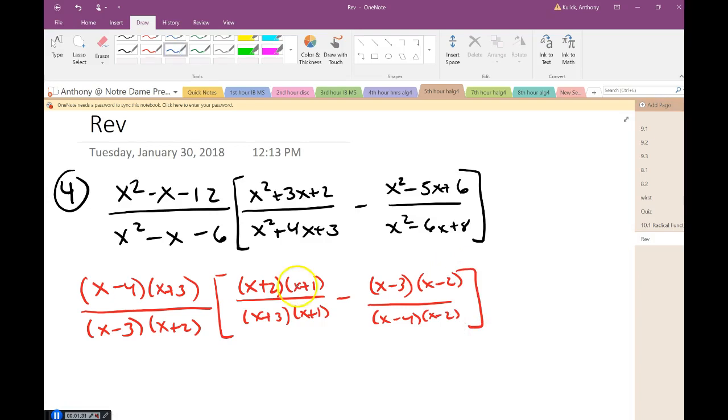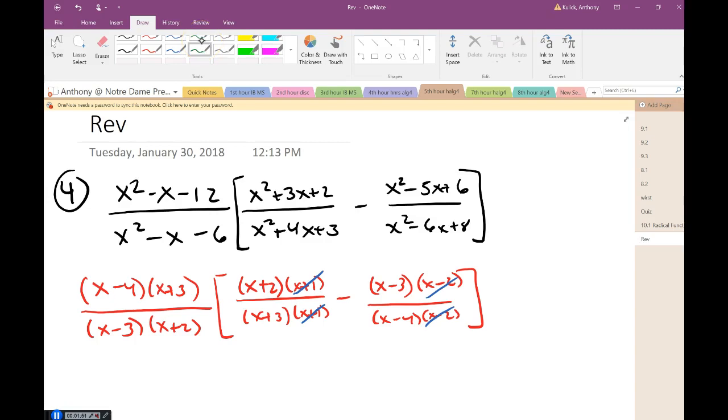Right away I noticed that inside the parentheses I can do a little bit of reducing. And now I have two options at this point. I can either work inside the parentheses first, or I can distribute into the parentheses first.